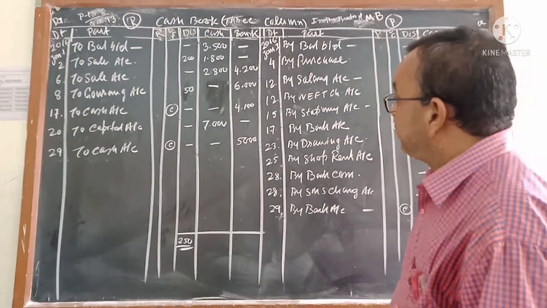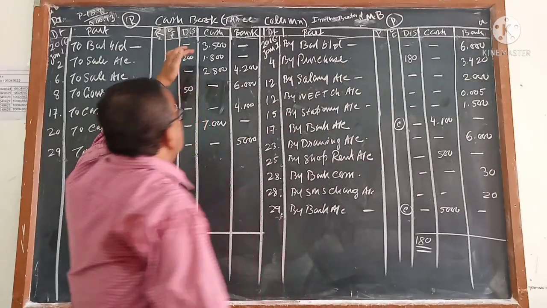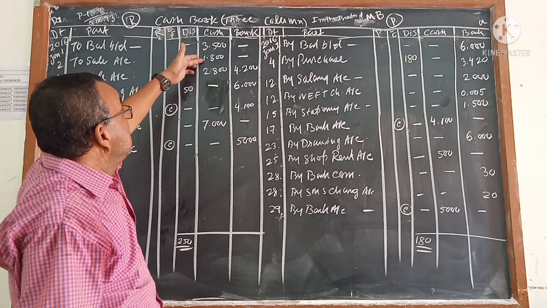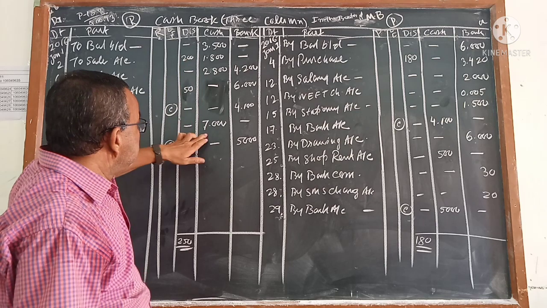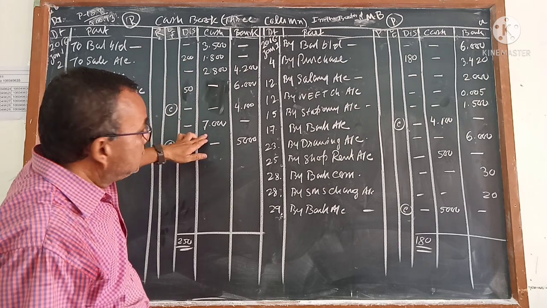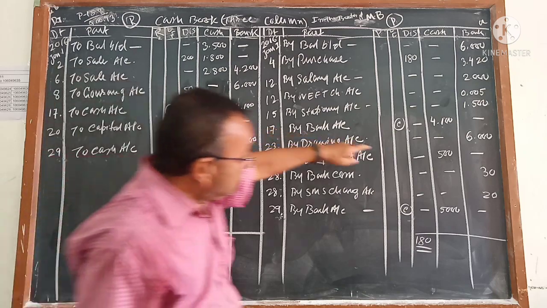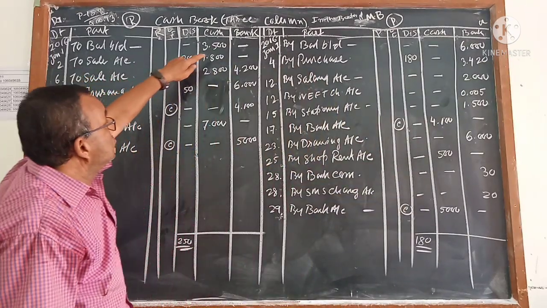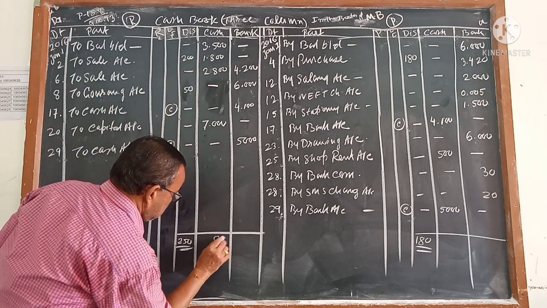Now the cash column. Officially, unofficially just to count, see whose side is more. Obviously this side will always be more. 4 plus 1, 3 plus 1, 4, 4 plus 2, 6, 6 plus 7, this is 13. And this side is coming less than 13, that is 9, approximately. So now let me do it. Double 0 is common.